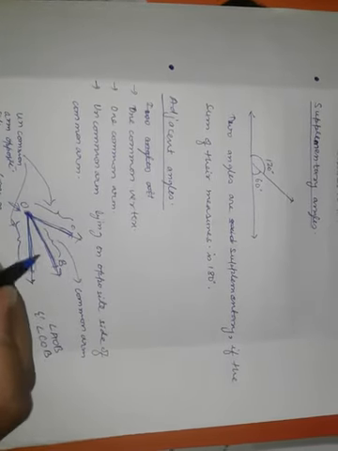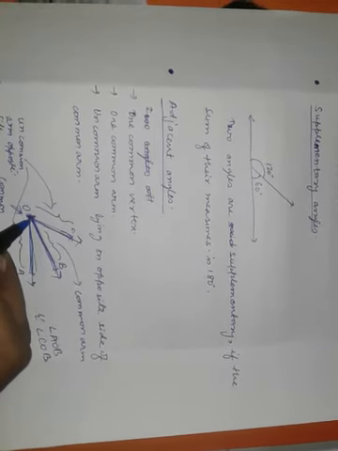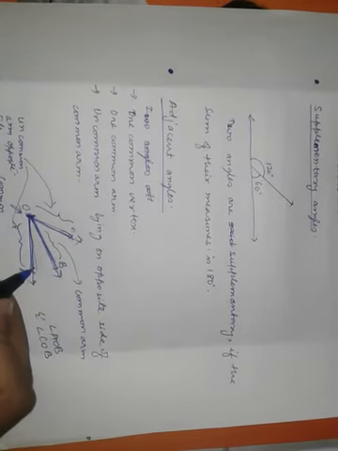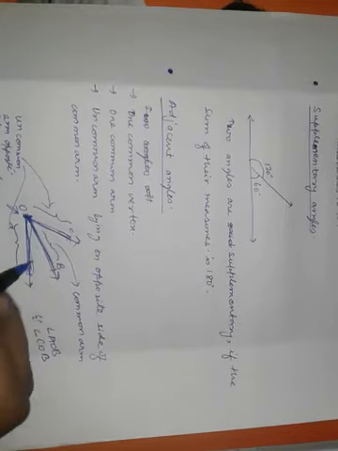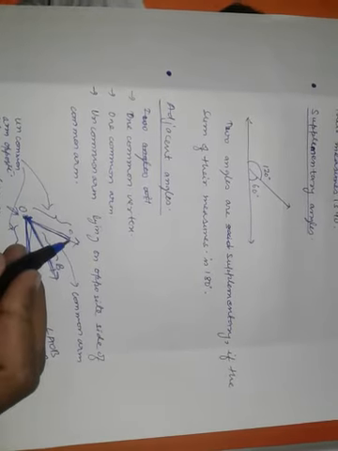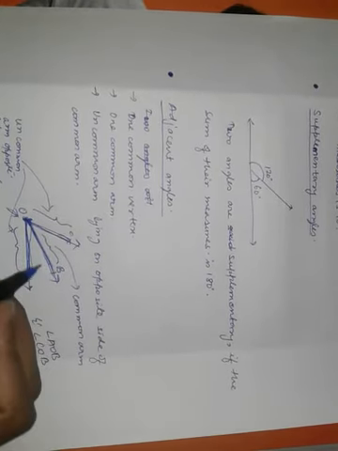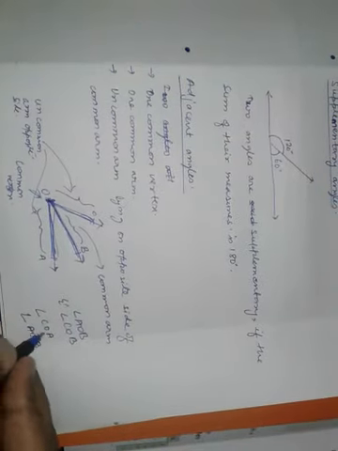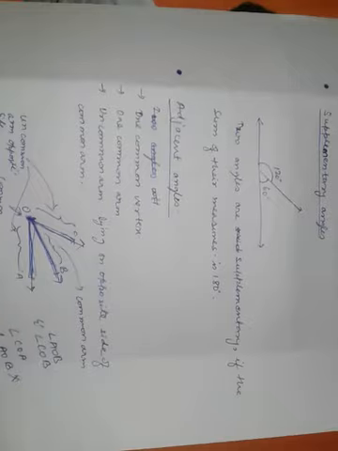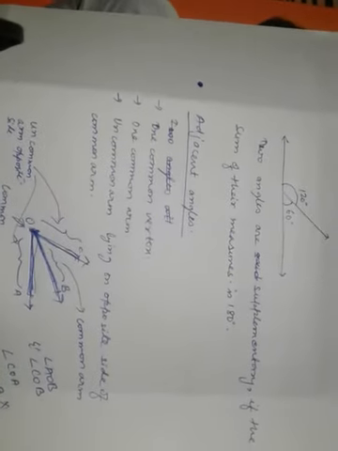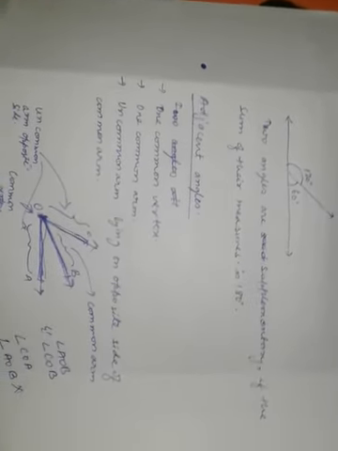We have a common vertex, and we have a common arm, OA, but the uncommon arms, OC and OB, are on the same side of the common arm. So this pair of angles is not adjacent. I have given the example for adjacent angles. Now we go to the next topic, that is linear pair.